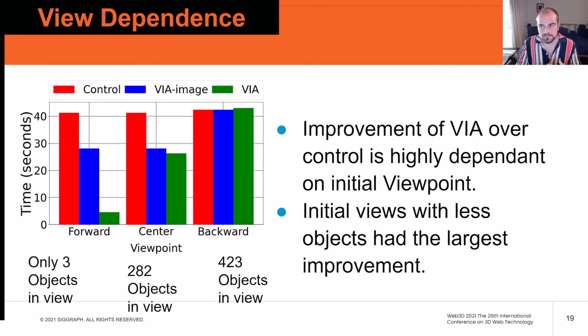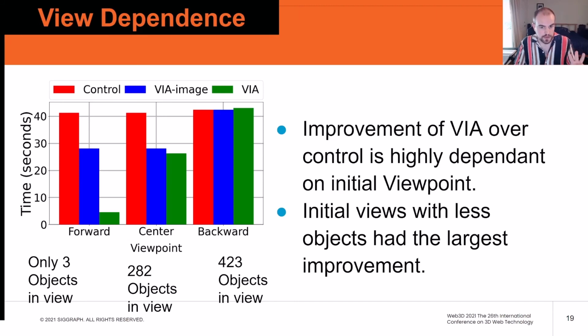The main variable that will change how well VIA performs over the control is what initial view you choose within the scene. We ran an experiment on one of the test scenes on one of the network conditions to see how a different view would affect the latency, and found that it's incredibly important. We ran an initial view where only a tree, its leaves, and the ground immediately surrounding the tree was visible within the initial view.